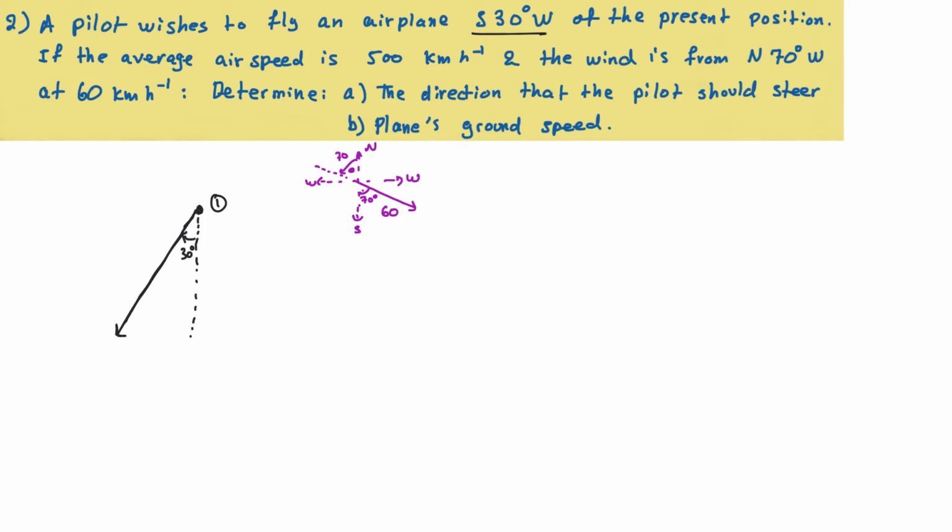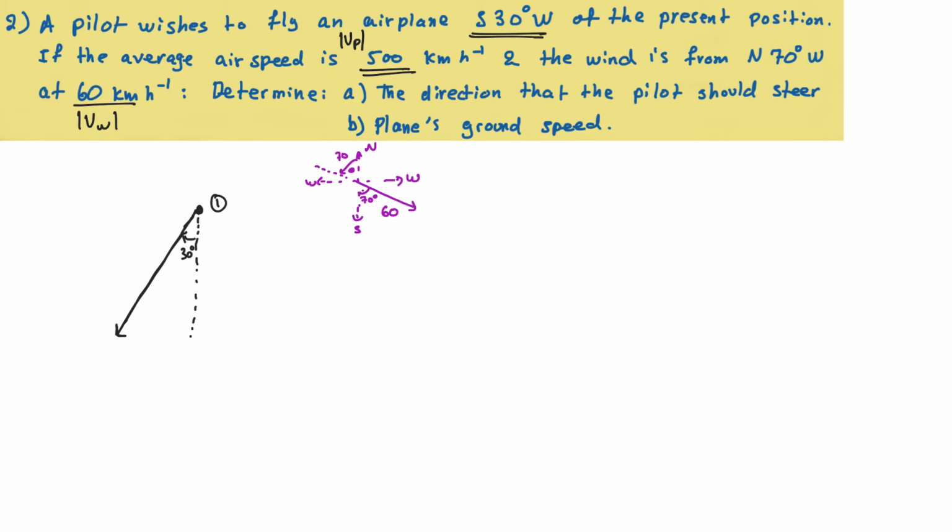And we know that the average airspeed is 500 here. So that's the magnitude of the velocity of the plane. This one over here is the magnitude of the velocity of the wind. And this one over here is the direction of the ground speed, which is which way the plane actually wants to go.